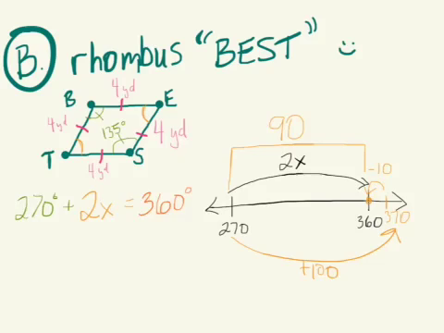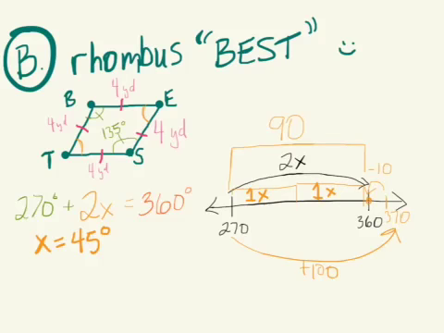So what would be the measurement of each angle by itself? Cut it in half. Then I have, out of my two x's, one x here and another x here. If the whole thing is 90, cut 90 in half, and each x is going to be 45.